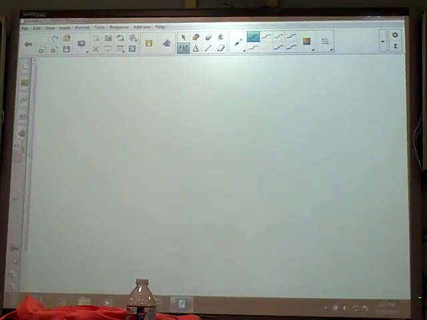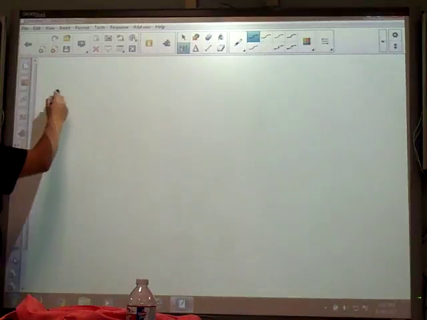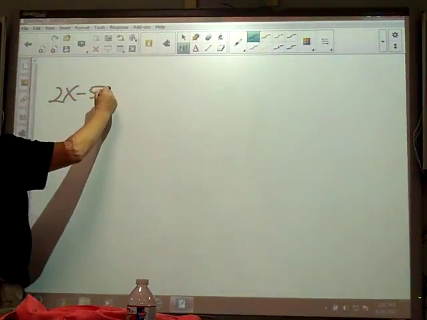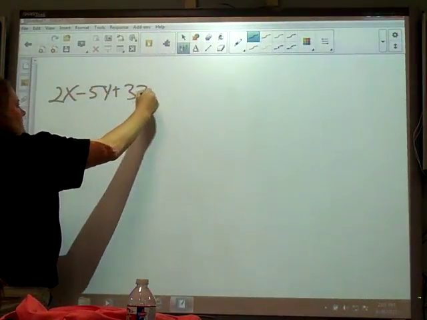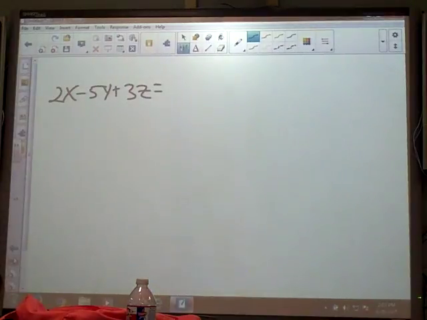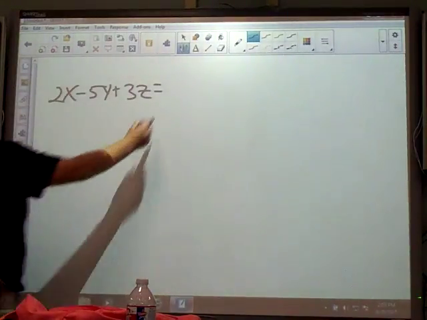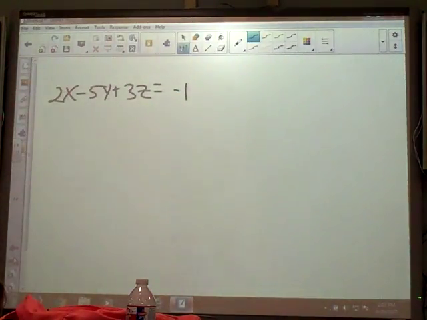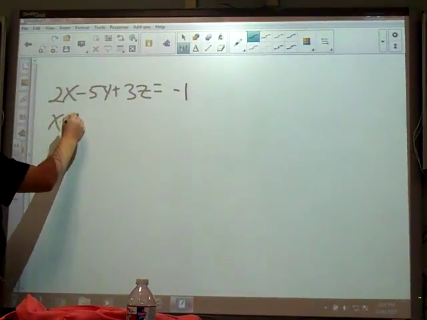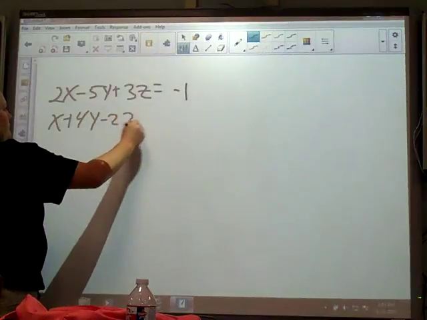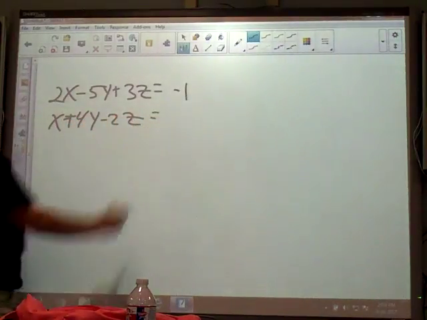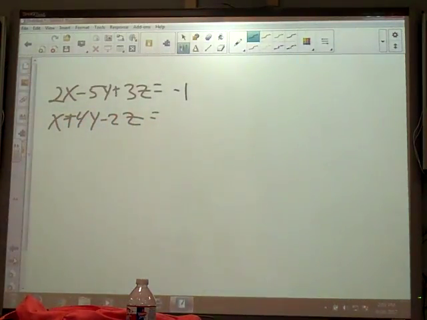Got what we need on this one? Yeah, it is. Alrighty, this one says 2x minus 5y plus 3z is equal to negative 1. Number 2 equation says x plus 4y minus 2z is equal to 9.